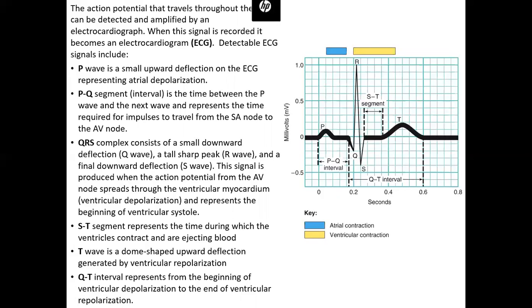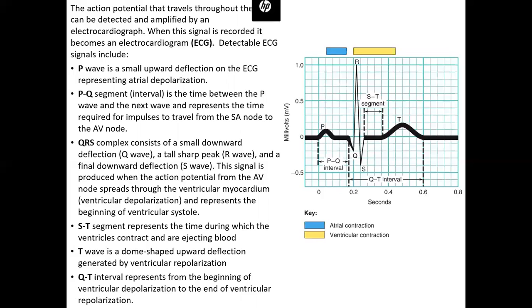An ECG, also sometimes listed as an EKG, is what you see in movies when you look up at the monitor and it's going beep, beep, and you see the lines going up and down, and then somebody's in the process of dying, it flatlines, and what they are looking at is an ECG.